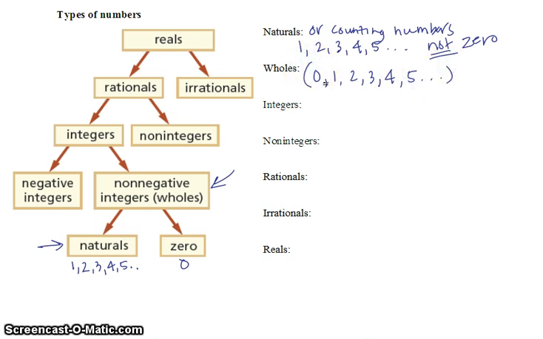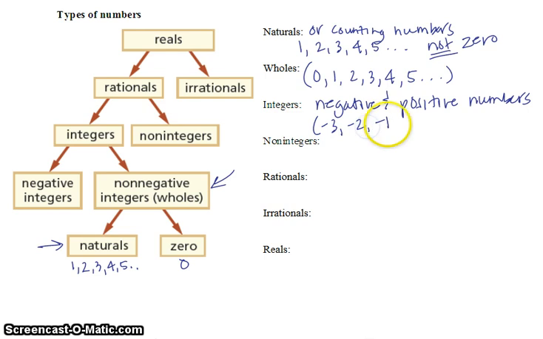That would be non-negative ones, whereas negative integers, they would be the negative side of it, like the negative 3, 2, 1, and so on. Because integers are negative and positive numbers. So we could have -3, -2, -1, 0, 1, 2, 3, and so on the other way. Those would be integers, negative and positive integers.